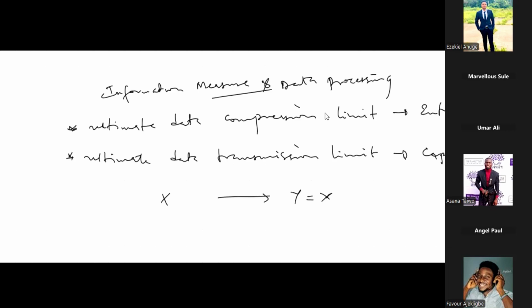So it means that Y should be the same as X. And if this happens, then it means we are transmitting over a noiseless channel, which is really not attainable in practice. But intuitively, we can figure out a way to reconstruct X from Y with some level of distortion or degradation.